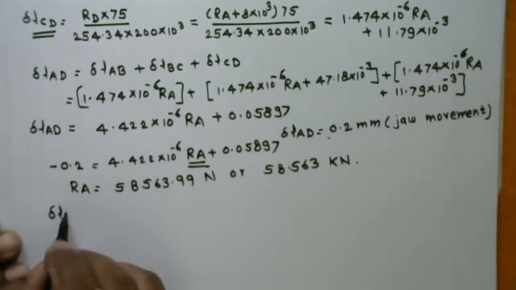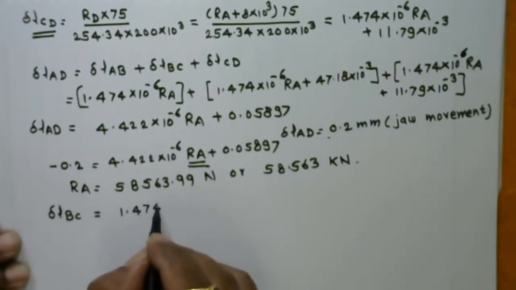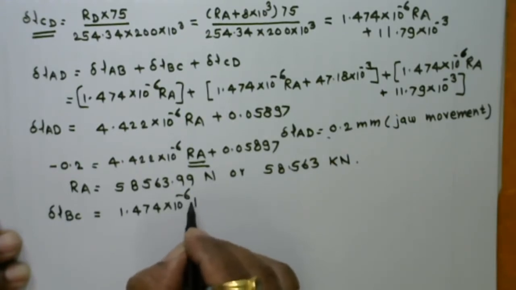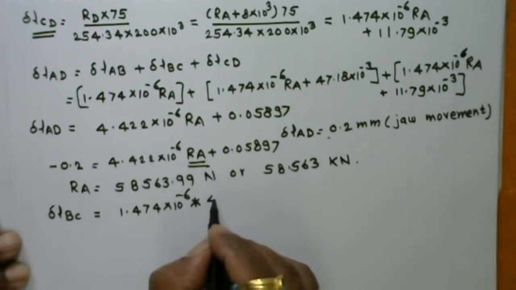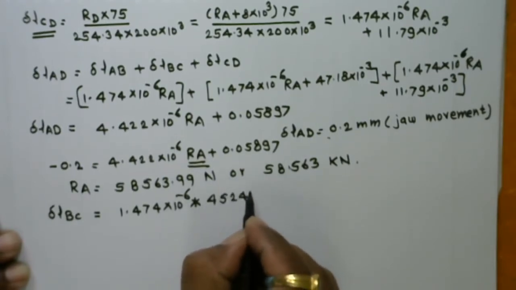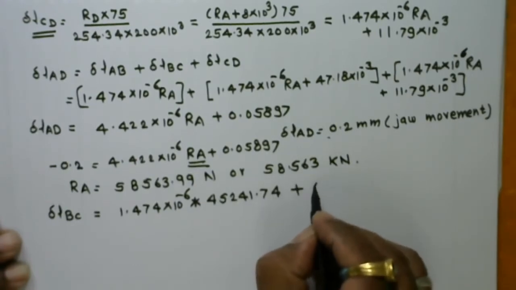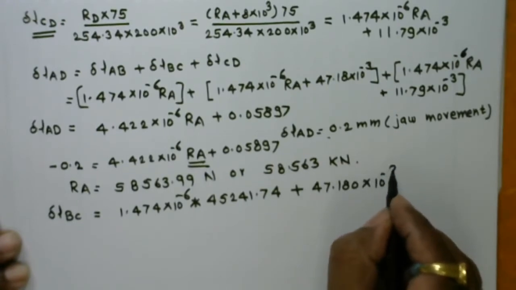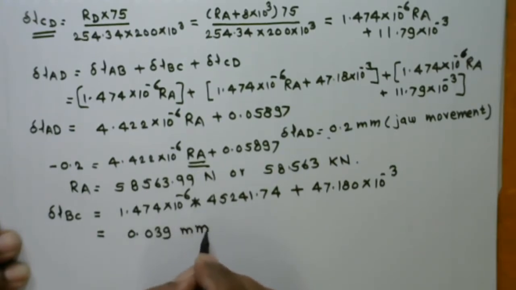Then delta LBC, our second answer, 1.474 into 10 raised to minus 6, put this value here, that is 45241.74 plus 47.180 into 10 raised to minus 3. So that value you will get 0.039 mm.